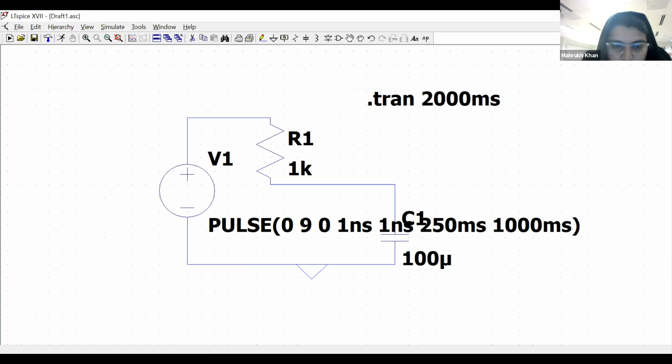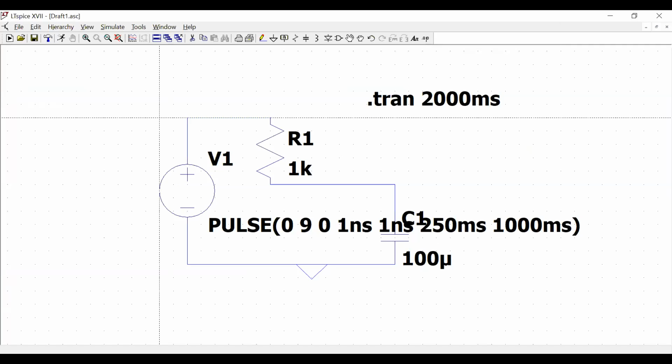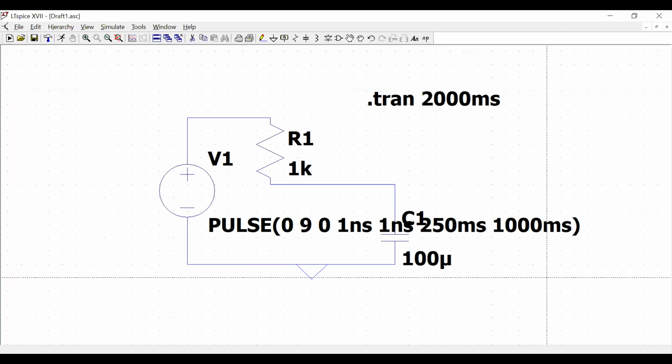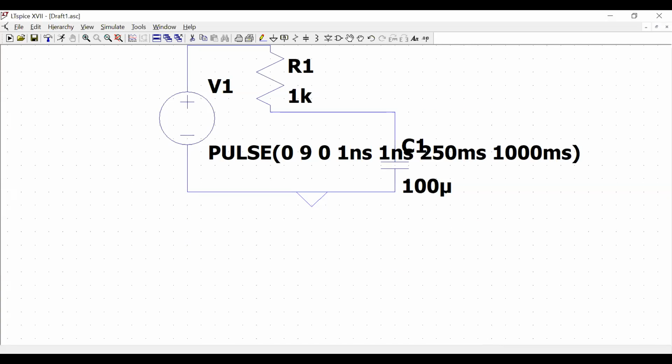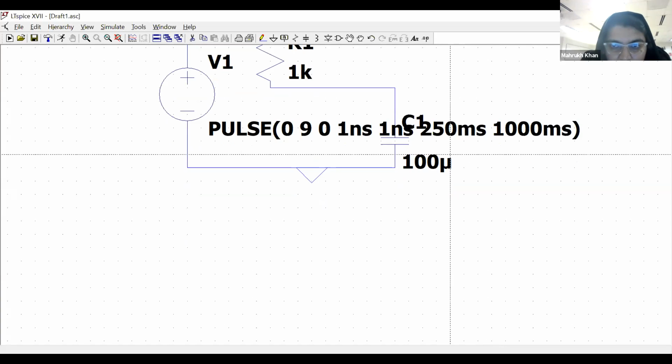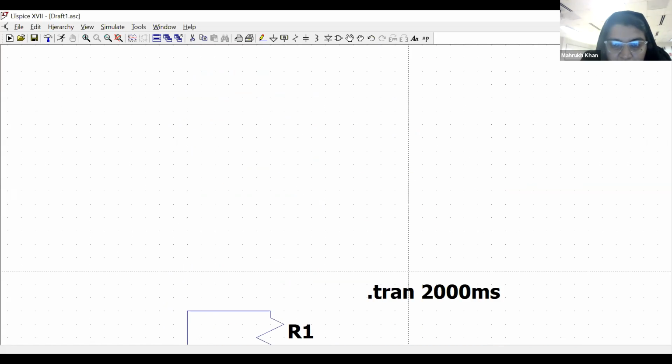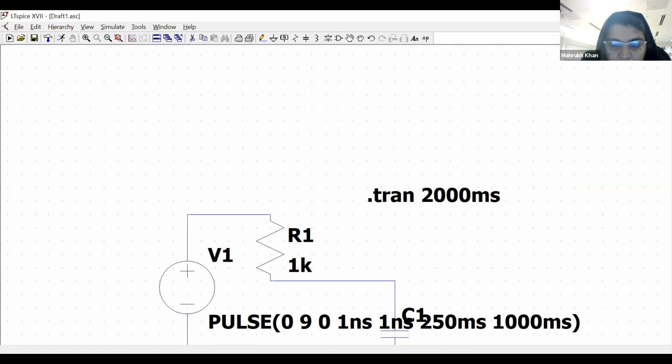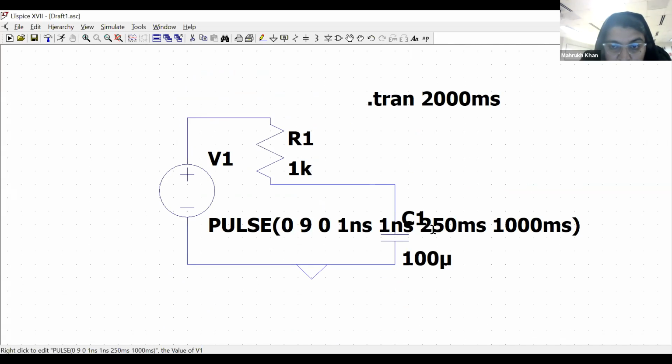Eric, could you repeat your question, please? I am asking what will happen. We kept the on time as 500 milliseconds and 1000 milliseconds, and we calculated that 5RC, 5 tau, is also 500 milliseconds. So if I reduce this on time, what will happen?